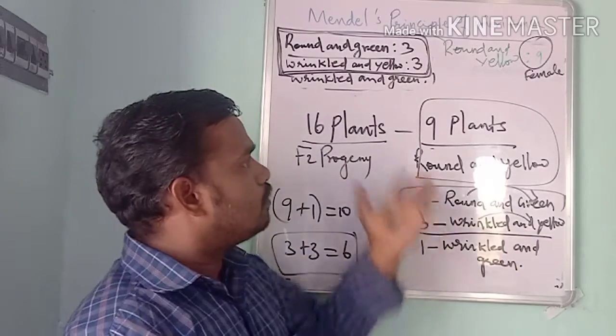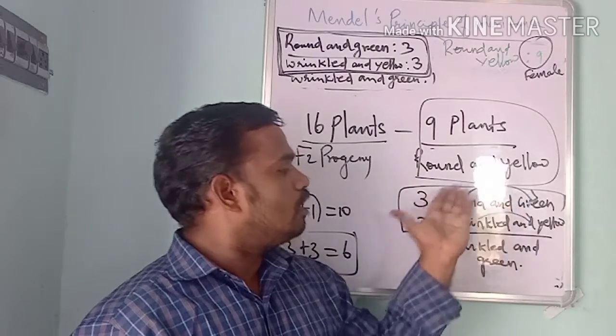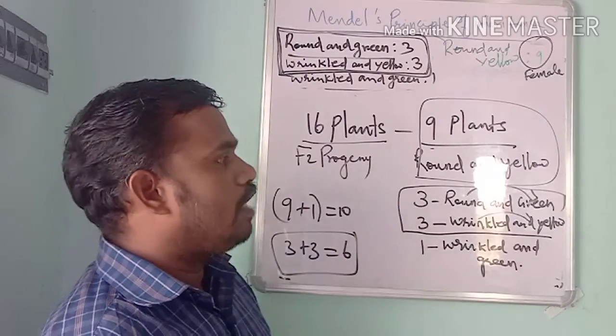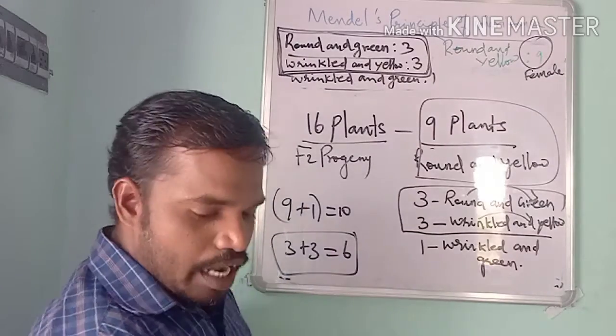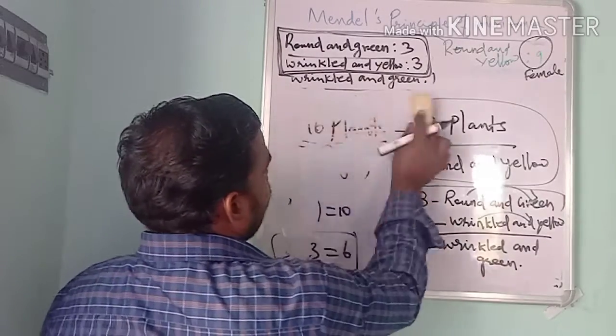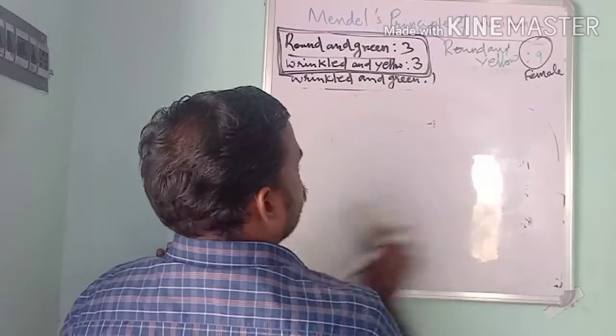Okay, apart from our parents' traits, we are able to get the new combinations, that is new traits appeared in the F2 progeny of dihybrid. So from this point of view we will find out the phenotypes in F2.